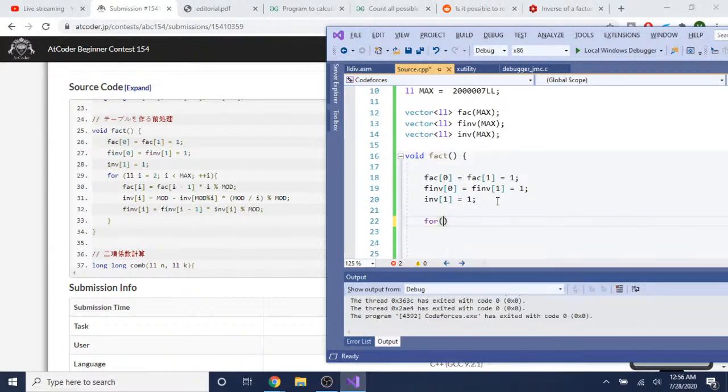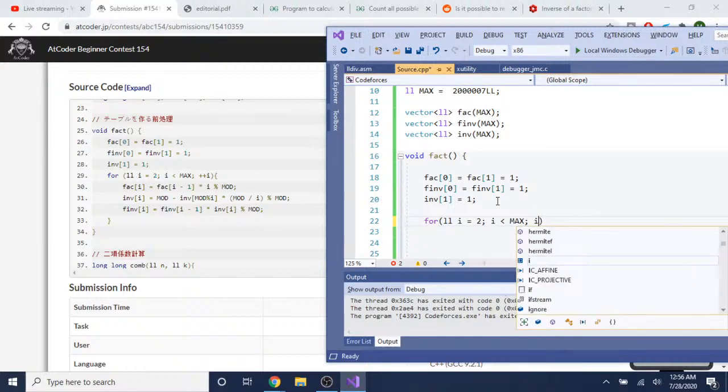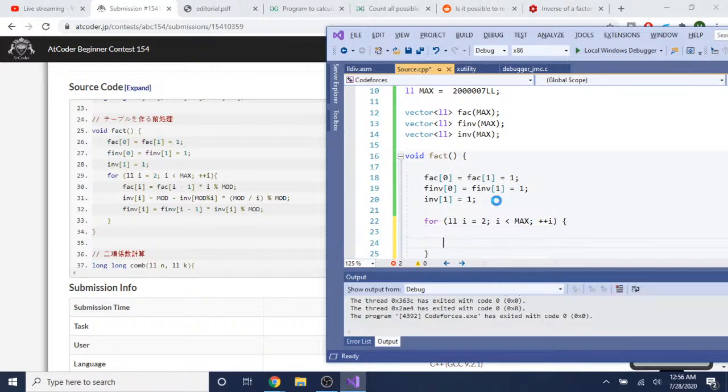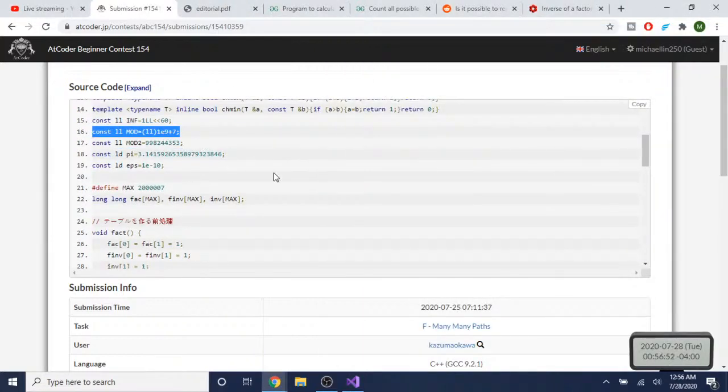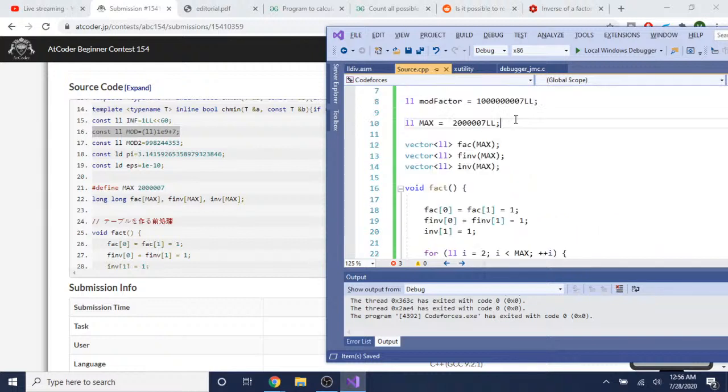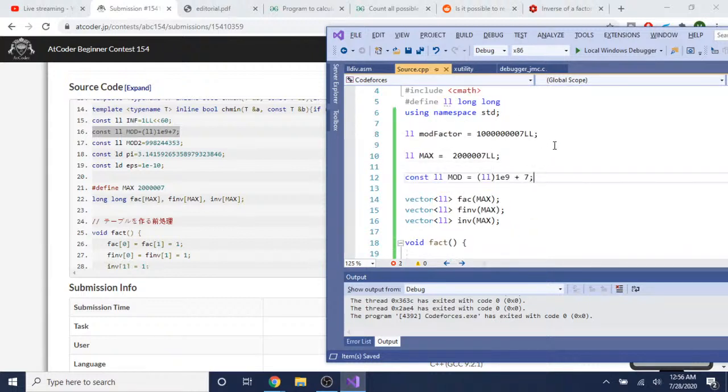Let's loop from 2 up to the max number of digits, and we're going to take the factorial of I times factorial of I minus 1. Whoa. Okay, we'll take factorial I, this is factorial I minus 1, multiply by I, and then mod by mod. Mod is going to be this constant, okay? So we'll take this and then, oh, okay.